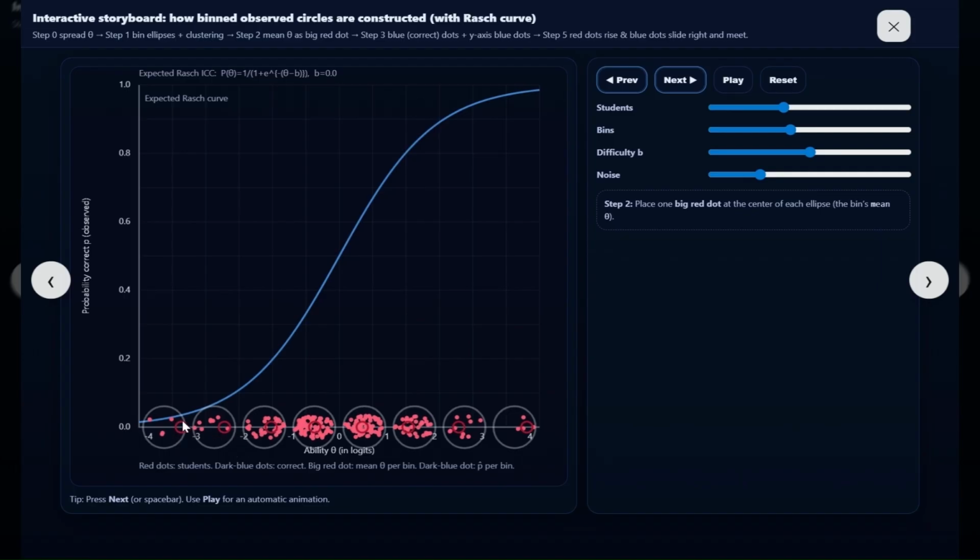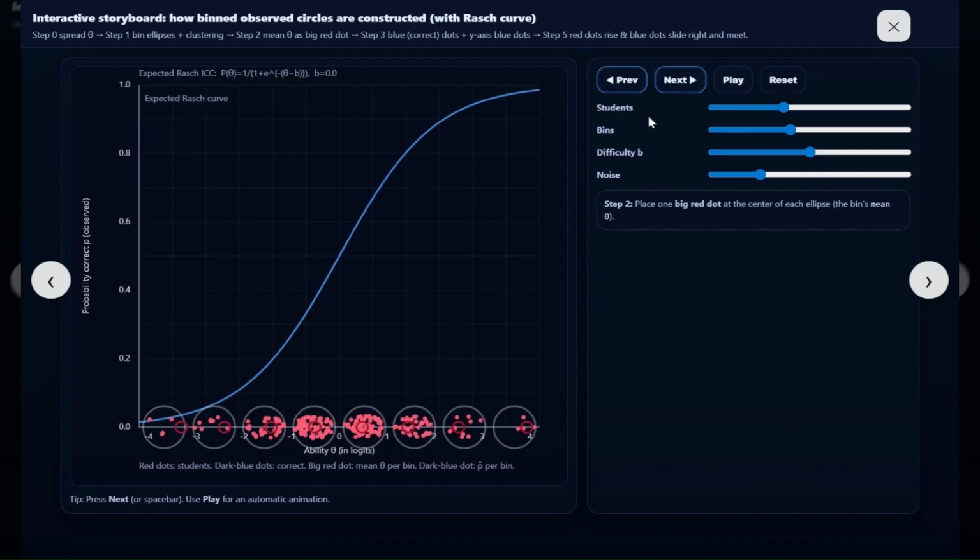You see these red circles inside the bins. This is the average ability, which means the sum of the abilities of all students in that bin over the number of students in that bin. So each average ability will represent the ability of that bin, as if all students in that bin have that ability.